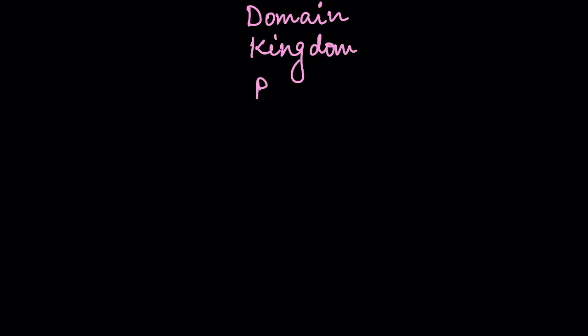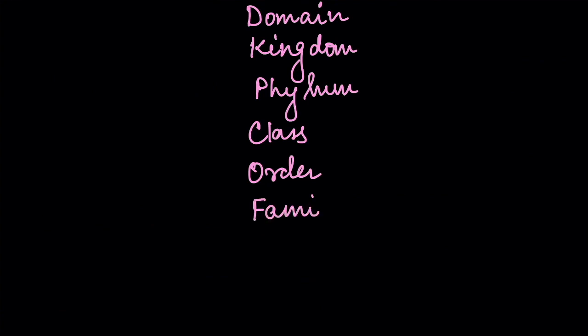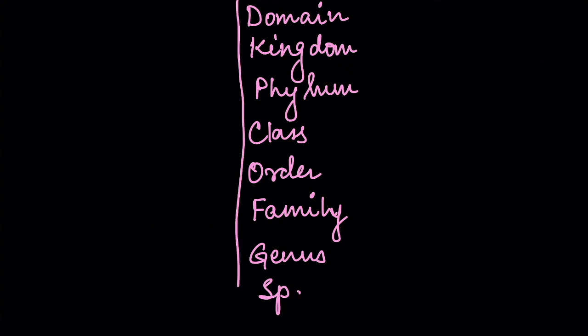Domain, kingdom, phylum, class, order, family, genus and species. Define each one and describe each one in approximately 80 to 100 words.